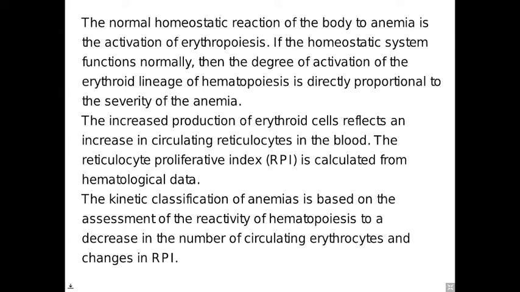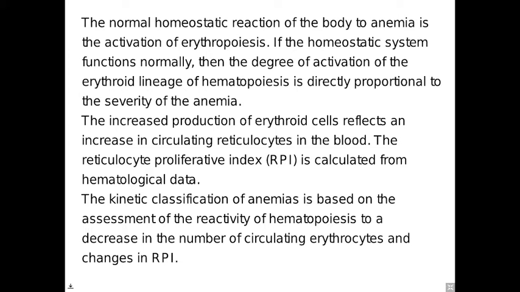So, the increased production of erythroid cells normally reflects an increase in circulating reticulocytes in the blood. As we discussed before, reticulocytes are the preform of the red blood cells right before the mature one. So there is a specific index that we calculate considering hematological data, namely RPI, reticulocyte proliferative index.